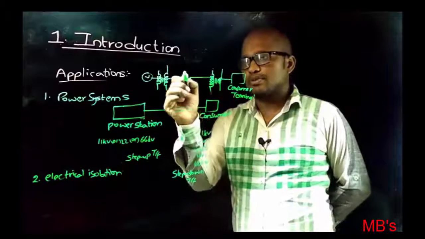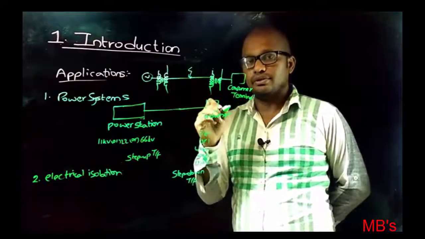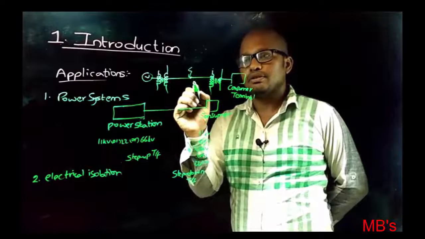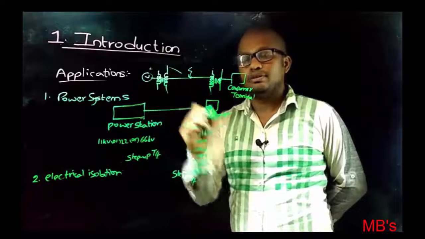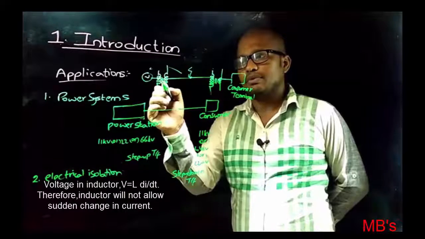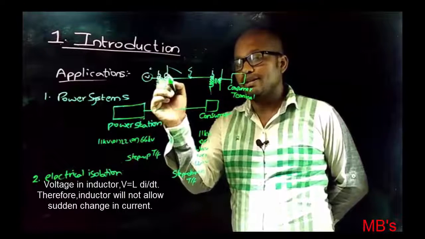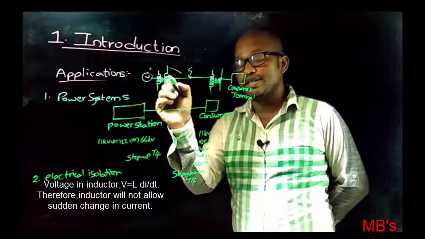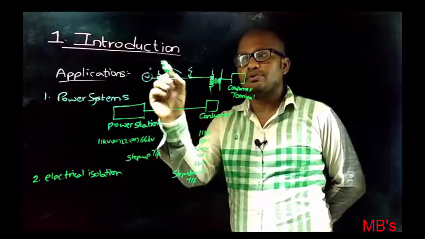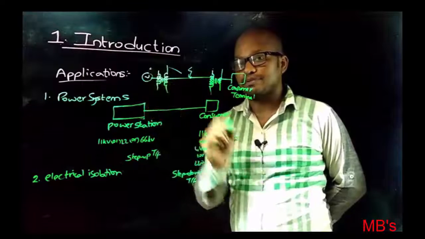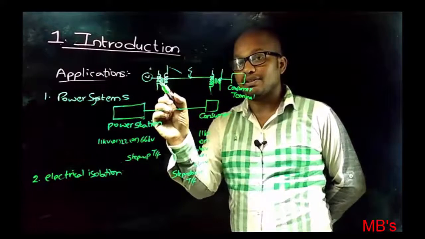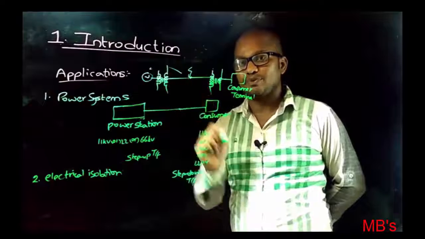Let us suppose there is a huge fault here, and this fault, because of the electrical isolation, will not travel to the generating stations, because here the coil will behave like an inductor which will not allow sudden change. Therefore, fault will not travel to the generating station. So generating stations equipment are protected because of electrical isolation, that is due to transformer.